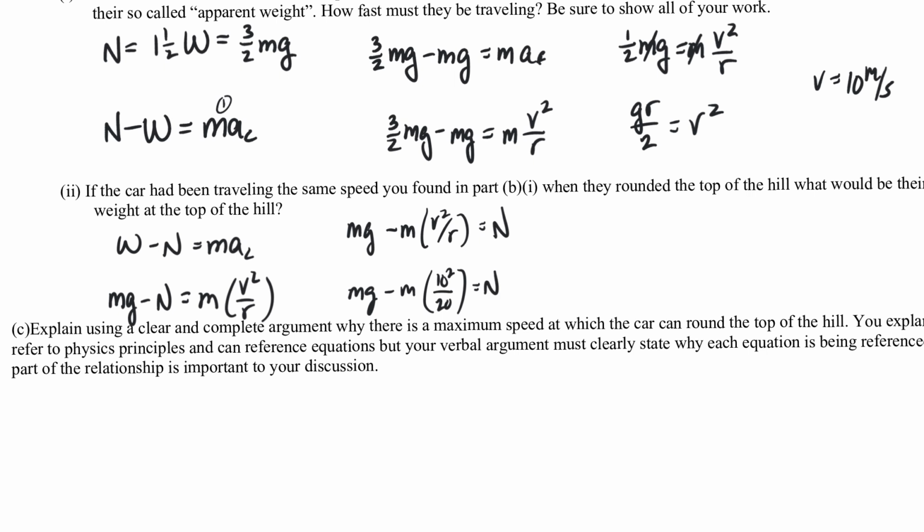Now I'm supposed to get the apparent weight. So I would really like this to be in terms of mg. But I have a number there, so let's see what that number is. Well, it's 5, right? 10 squared is 100, divided by 20 is 5. Isn't 5 just 1/2 g? Isn't that true?